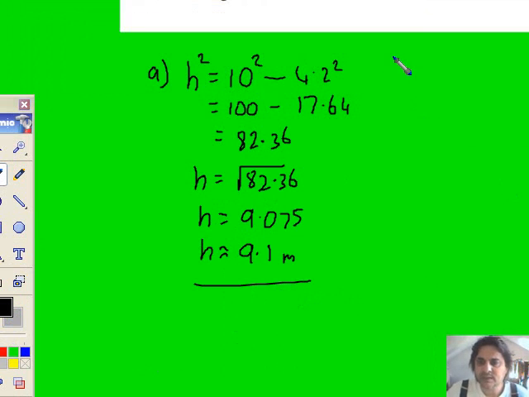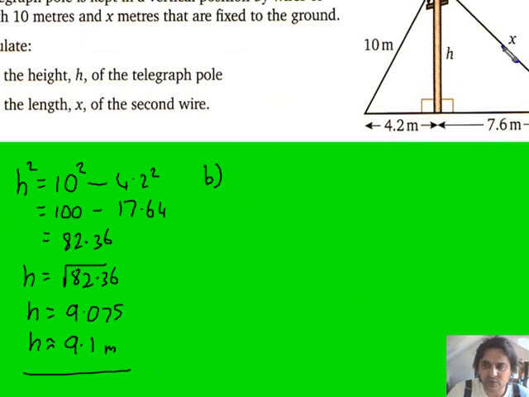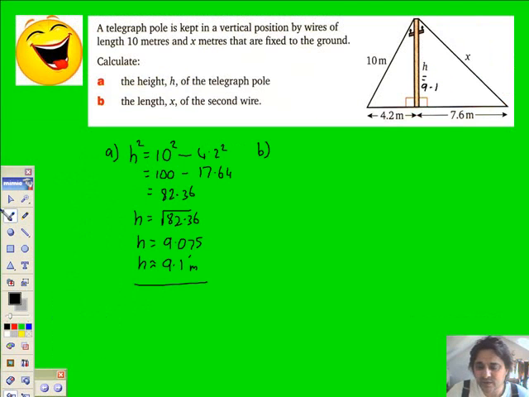Happy enough with that. Now part B, got to work out this X. Well, I know H is going to be 9.1. I may well use 9. I don't know. See what I use. I might use this one as opposed to that one. See how it goes. Right. X. We're working out the big side, so we're going to add.